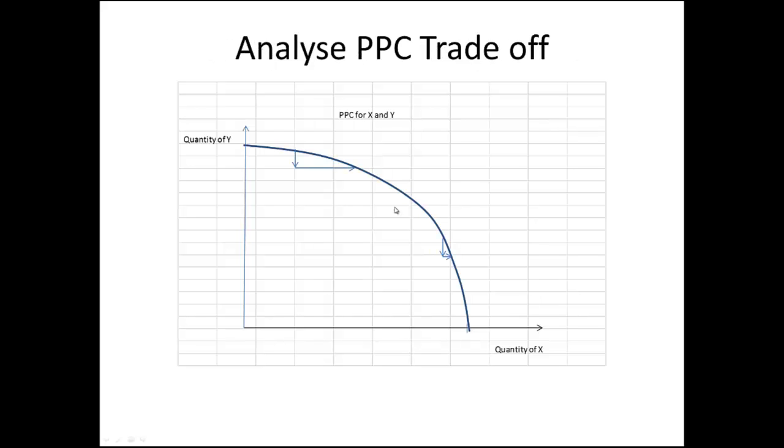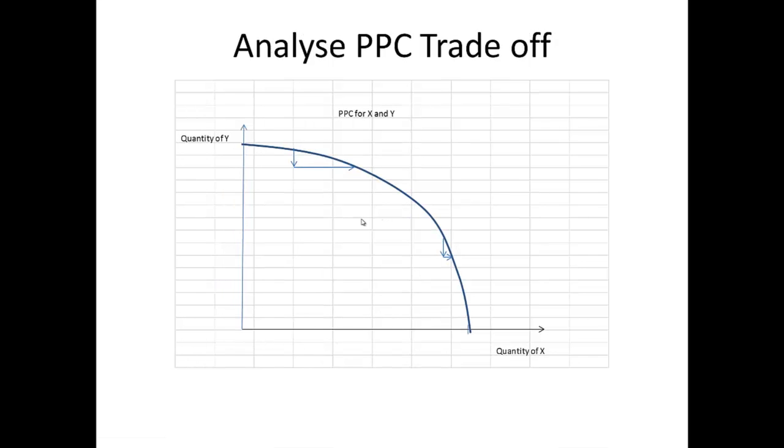Of course, the real principle here is that this curve has a particular shape. Note that when you give up the first little bits, where you haven't produced much, and put it into the other good, the trade-off will change as we move along.